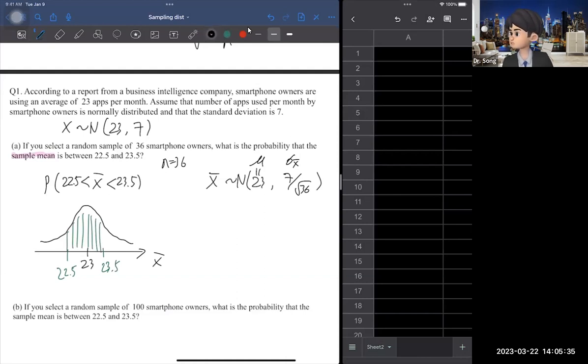So here's my plan. I'm going to find this yellow one, that is the probability X bar is less than 23.5. And then I'm going to find this blue one.